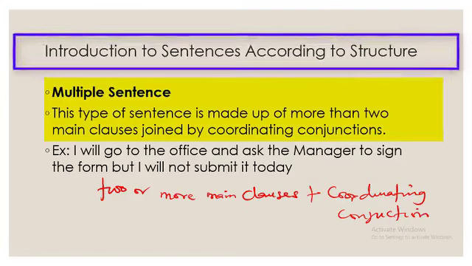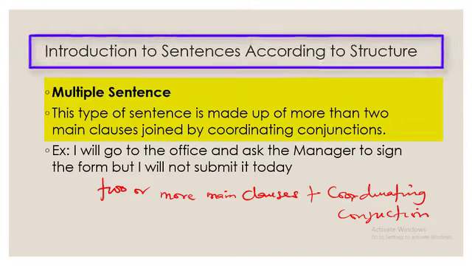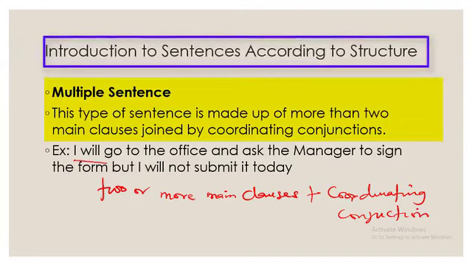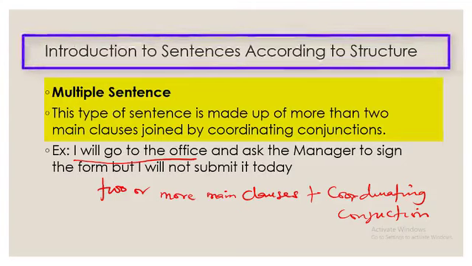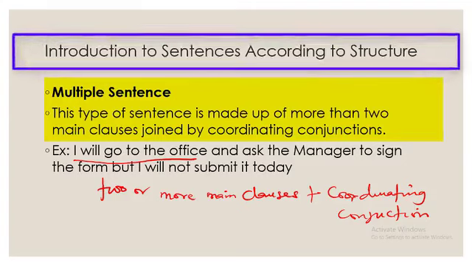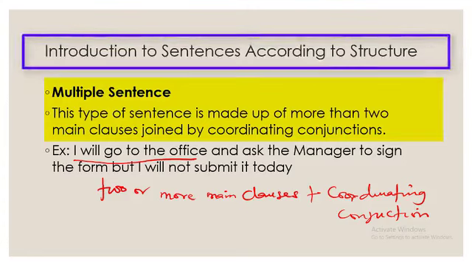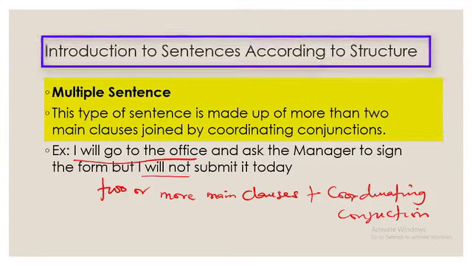So what are the main clauses? I will go to the what? Office and ask the manager. I'll go to the office. I will not submit it today. Those are main clauses.